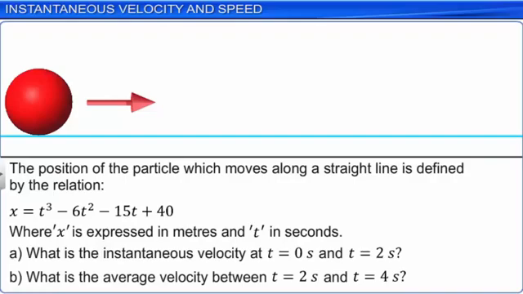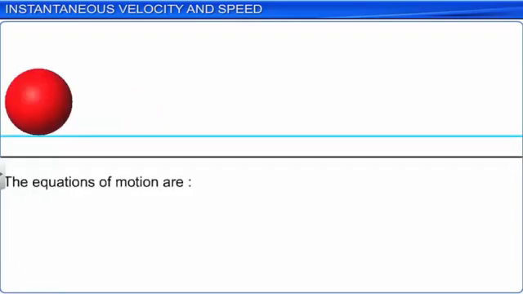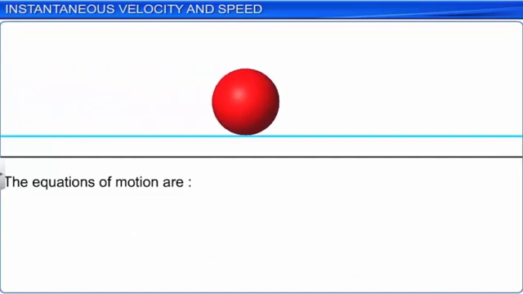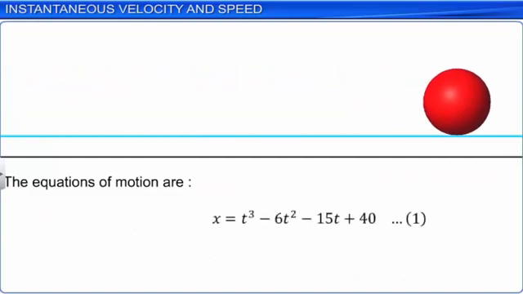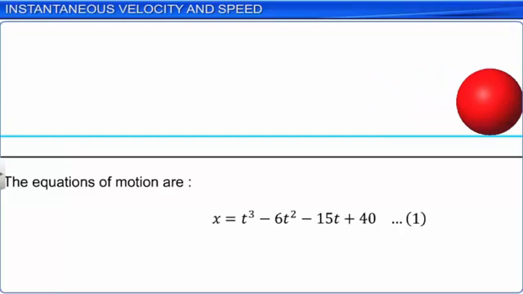Solution: the equations of motion are x = t^3 - 6t^2 - 15t + 40 and v = dx/dt = 3t^2 - 12t - 15. Label these equations 1 and 2.